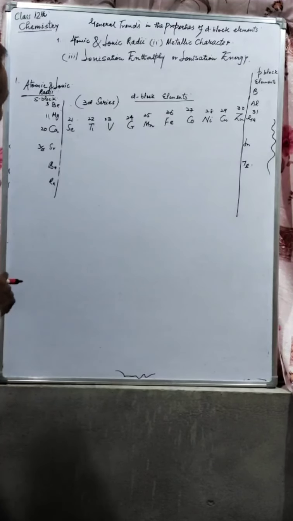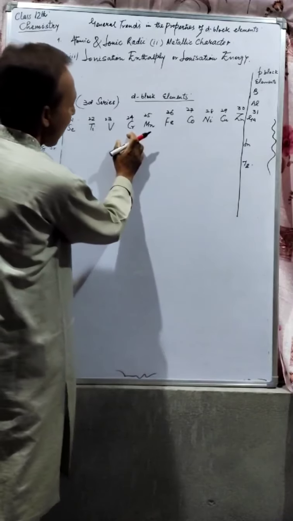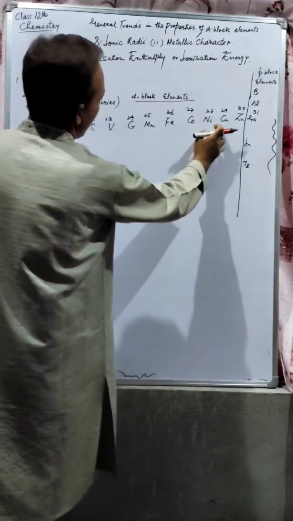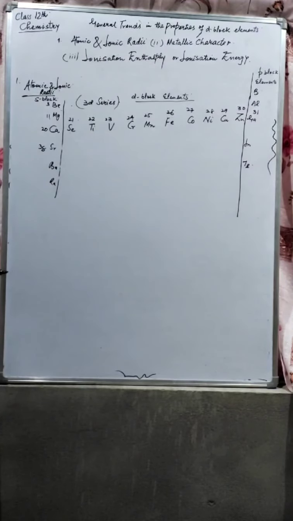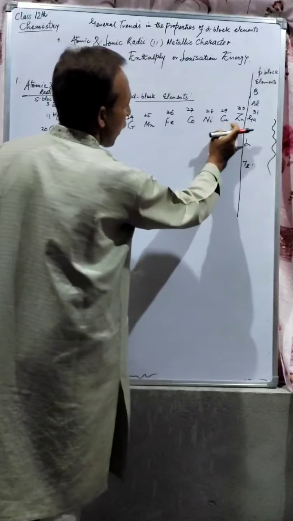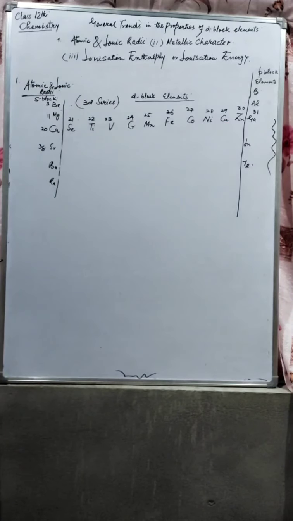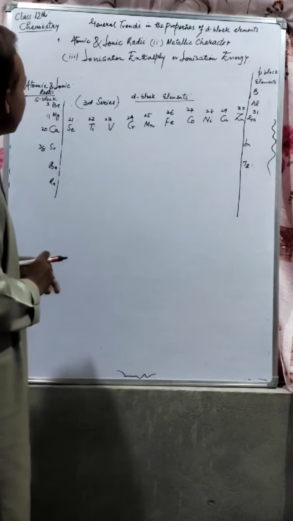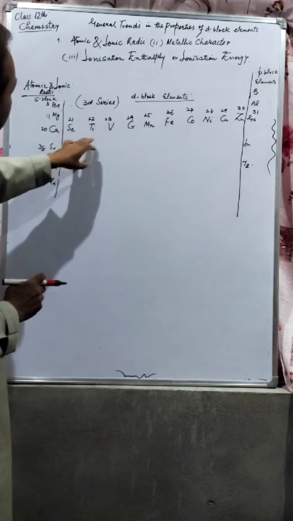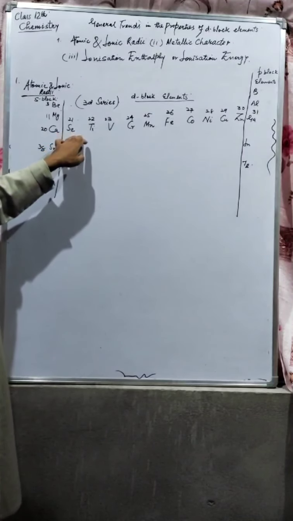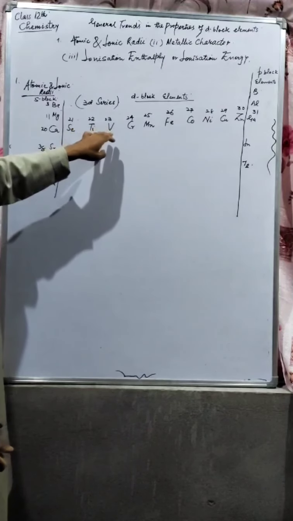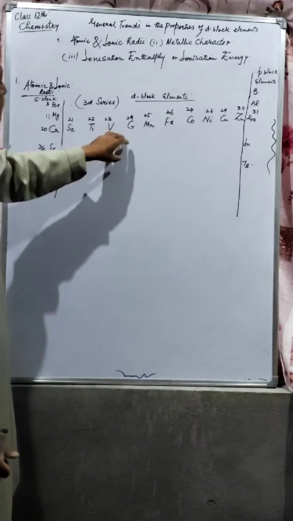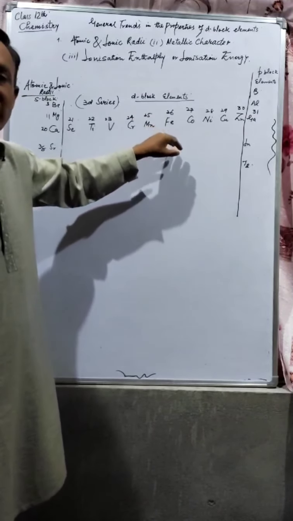Now, why is there only a small decrease from manganese to copper, and why is there a slight increase from copper to zinc? It is because the electrons enter the penultimate d subshell, and with the addition of electrons in the d subshell, the shielding effect increases.